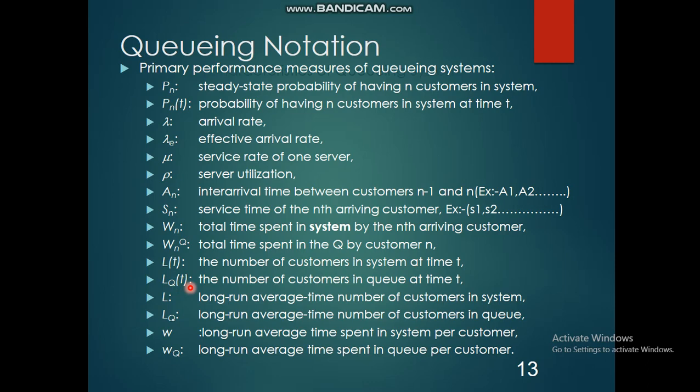If the first customer goes back, there are zero customers in the system; again the third customer arrives and the number of customers may be 1. So it may increase or decrease depending on the problem. Next is LQ of t, the number of customers in the queue at time t. L represents the long run average number of customers in the system. LQ represents the average number of customers in the queue. W represents the long run average time spent in the system per customer. WQ represents the long run average time spent in the queue per customer.